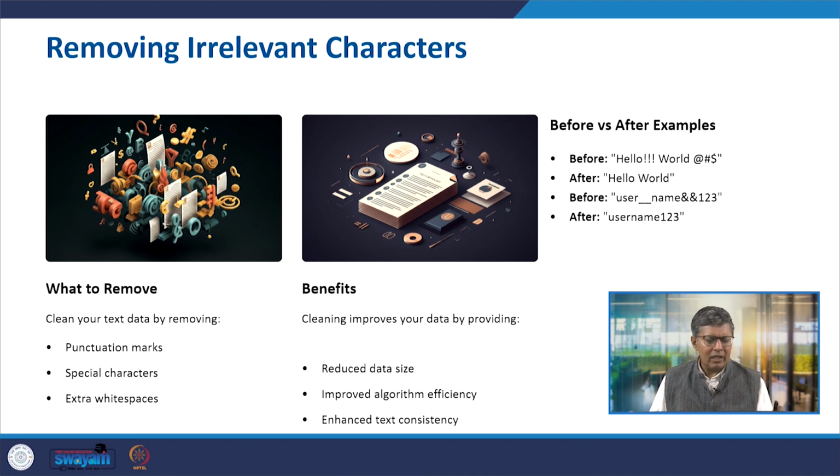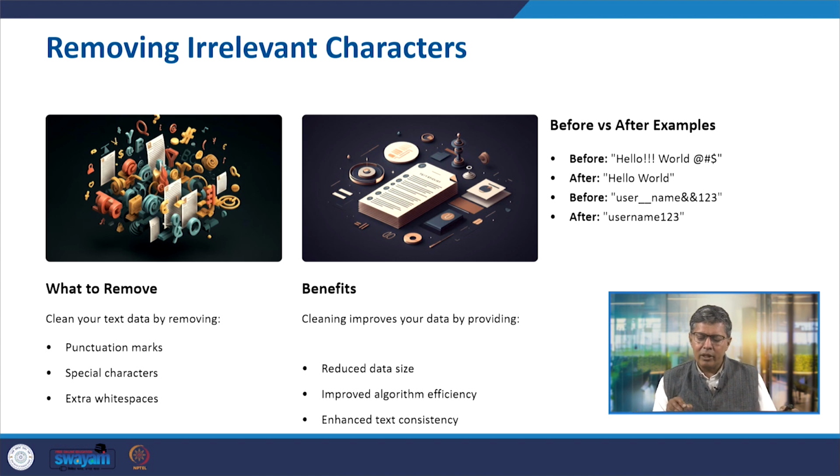You have to understand what to remove, right? For example, you can remove punctuation marks, special characters, extra white spaces. If some white spaces are there, remove them, right? What are the benefits? Your data size is reduced, algorithm efficiency increases, and there is text consistency, right?